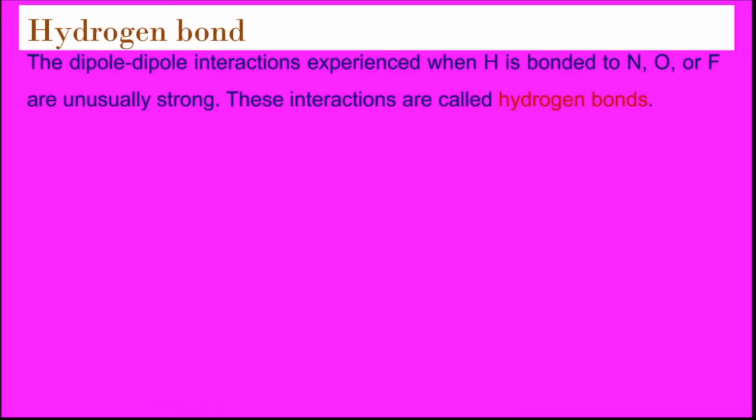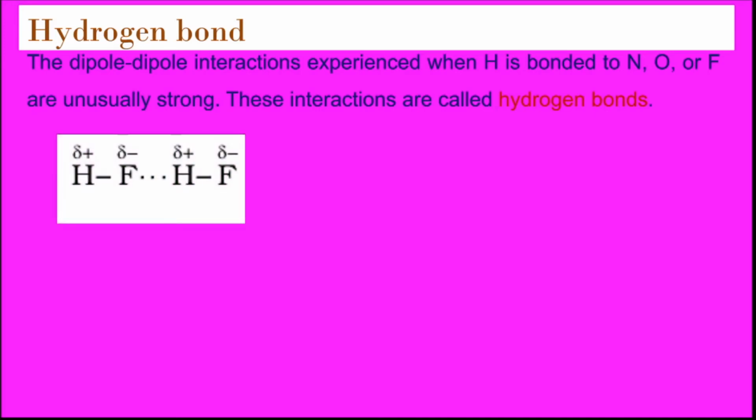Finally, we have hydrogen bond. The dipole-dipole interactions experienced when hydrogen is bonded to electronegative elements such as nitrogen, oxygen, fluorine are usually strong. These interactions are called hydrogen bonds.